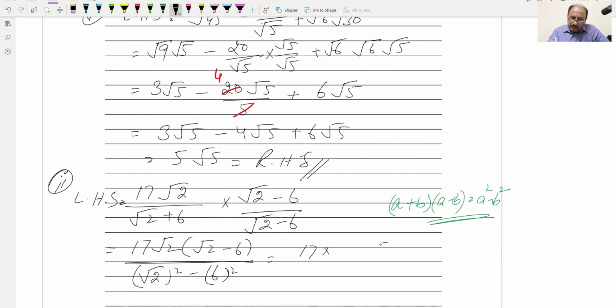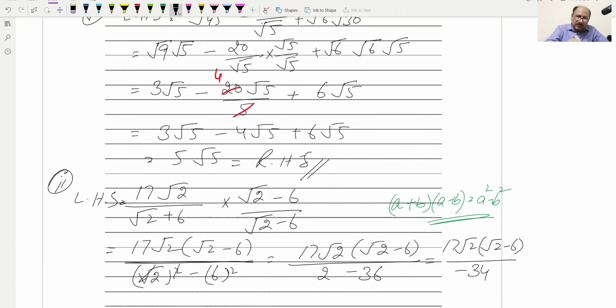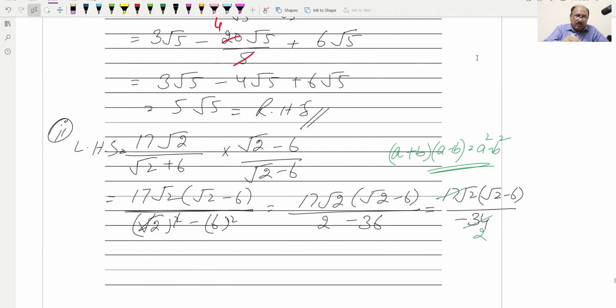Otherwise we can keep 17 as it is, 17 under root 2 and under root 2 minus 6, and divided by this will be 2, because under root and square will be cancelled, so minus this will be 36, and this will be equal to 17 under root 2 into under root 2 minus 6 divided by minus 34, and this can be cancelled by this, so 2 here, and we can write as this will be under root 2 into under root 2 minus 6 over this will be minus 2.